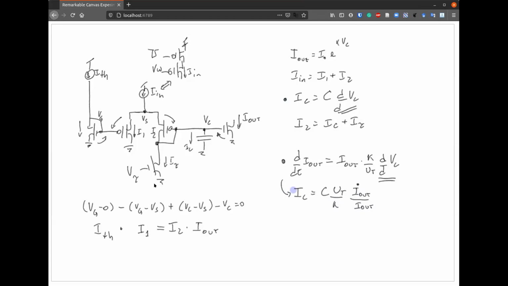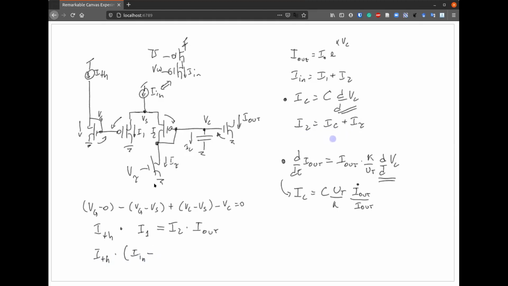And so then all we have to do is replace all of these things in the translinear equation here. So I threshold is a constant, it stays the same, times what is I1? I1 is I in minus I2. So it's I in minus I2, but I2 is IC plus I tau.